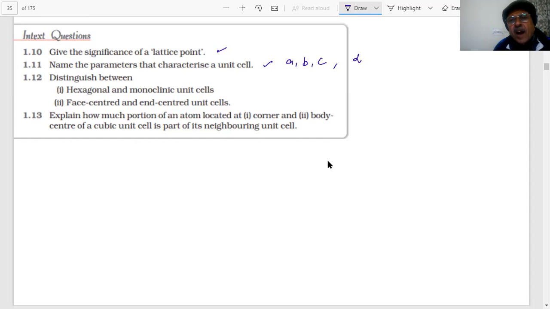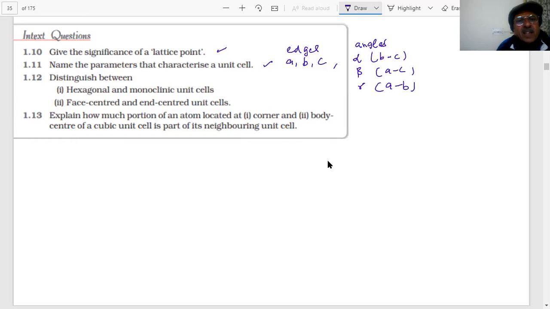Alpha is between B and C. Beta is between A and C. Gamma is between A and B.